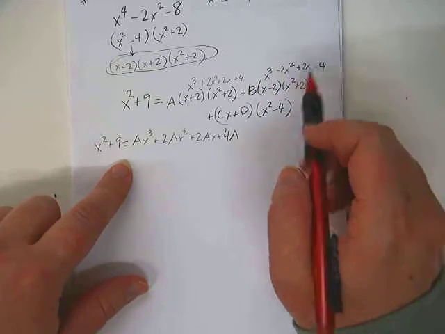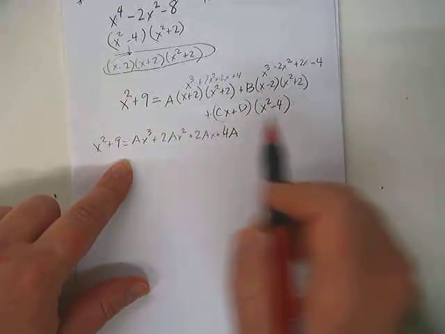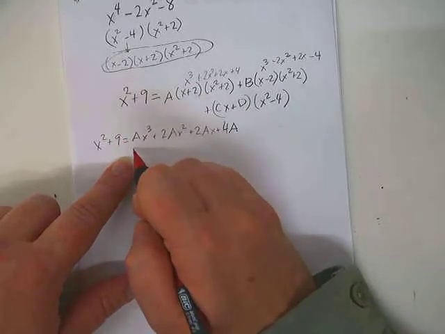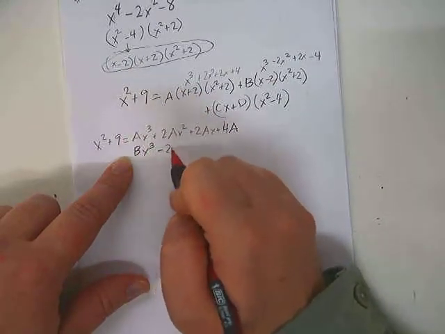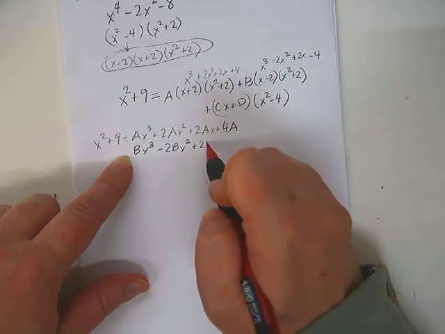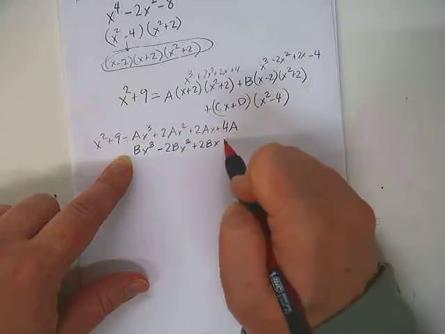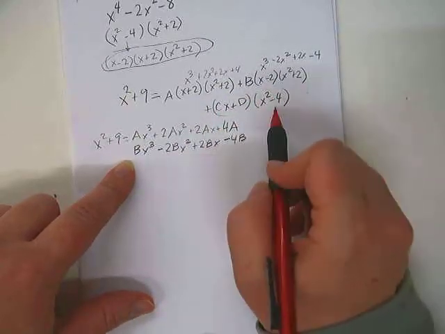Okay, then we distribute the B through this part. I don't have room to write it sideways here anyway, so I'm just going to write it below. So I have Bx cubed minus 2Bx squared plus 2Bx minus 4B.